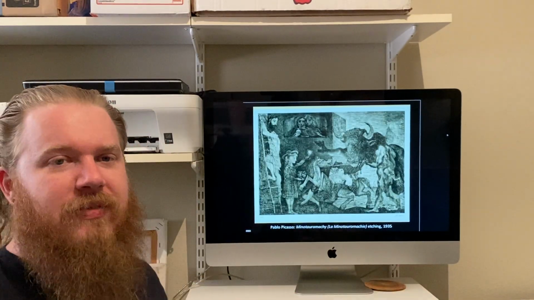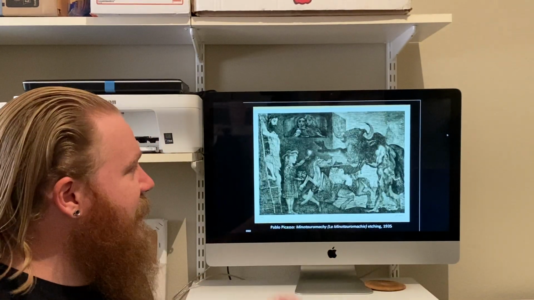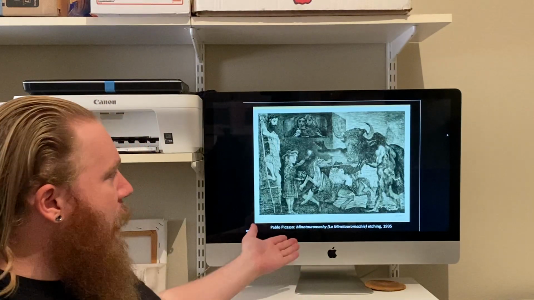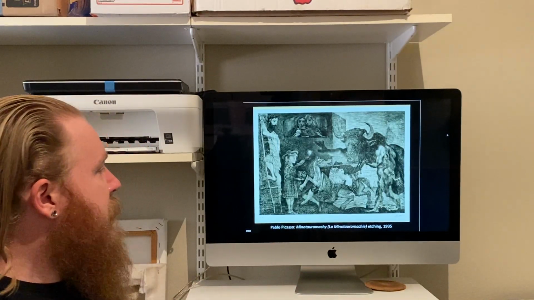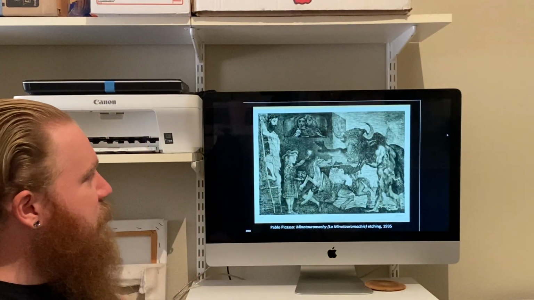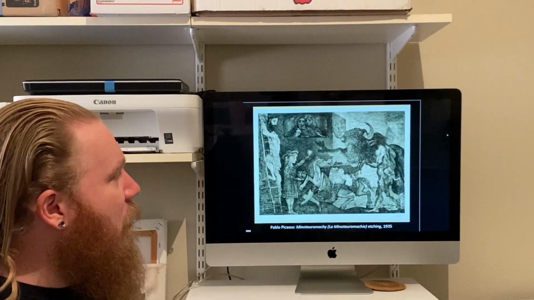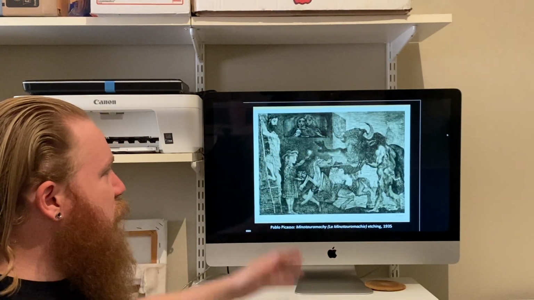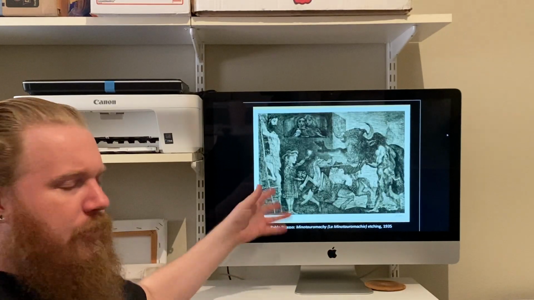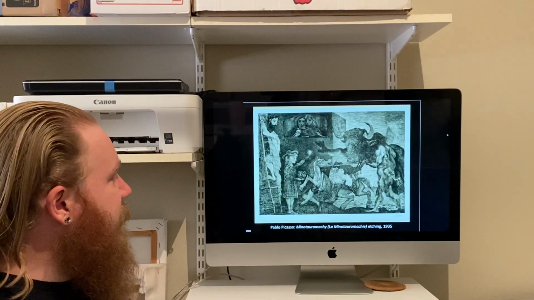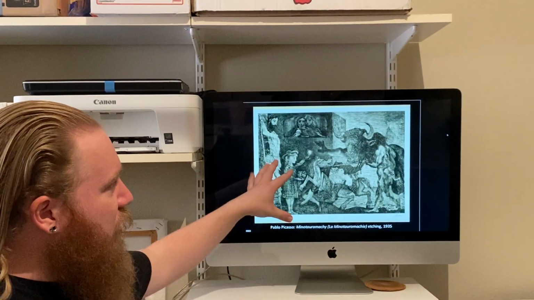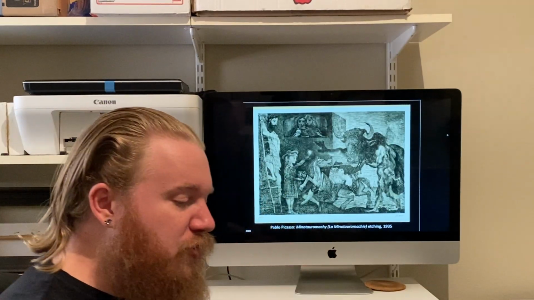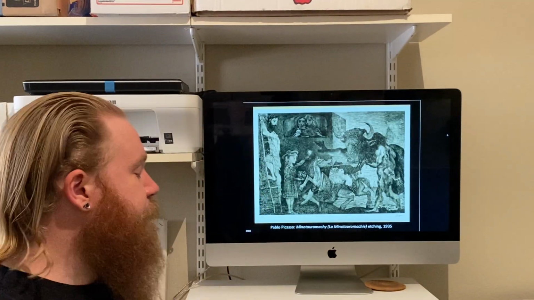It was used in the past, and it's even used today. Here we have a nice example by Pablo Picasso. We have various mythical elements like the Minotaur here, once again using that etching and cross-hatching in this etched image. But it still has this kind of more hand-drawn approach to it.